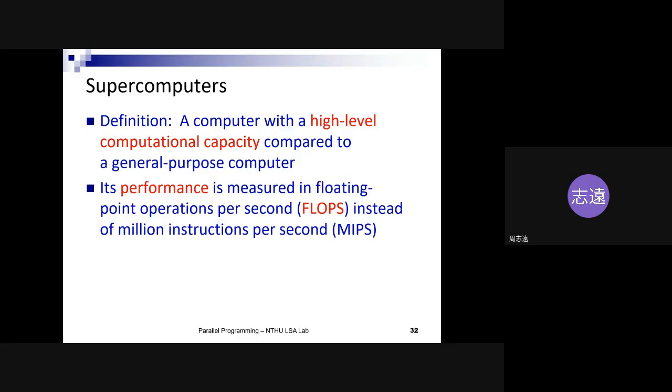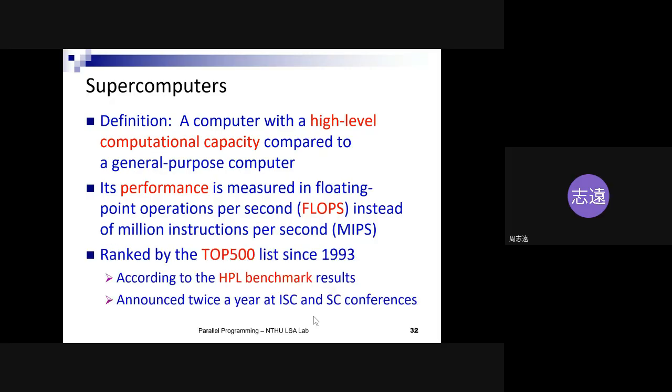That's why we don't use other metrics such as MIPS, million instructions per second, because it is more a performance metric from the hardware aspect. It doesn't necessarily translate to the real performance experienced by the user. The user cares about his application performance.